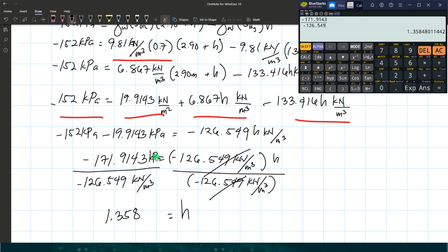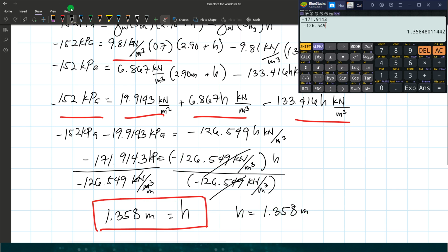So kilopascal divided by kilonewtons per cubic meter, or kilopascal is in kilonewton per square meter, so that will be cancelled out, and what unit remains is meter. So the answer is 1.358. Can rewrite this as H equals 1.358 meters. Okay. Letter B.